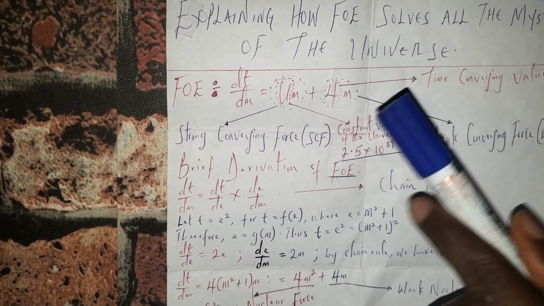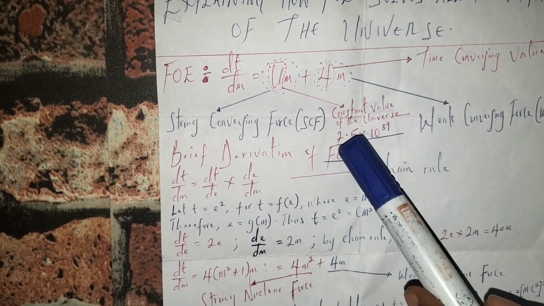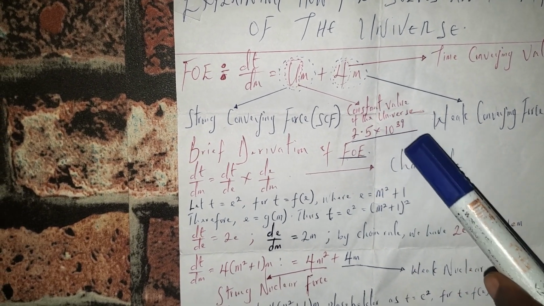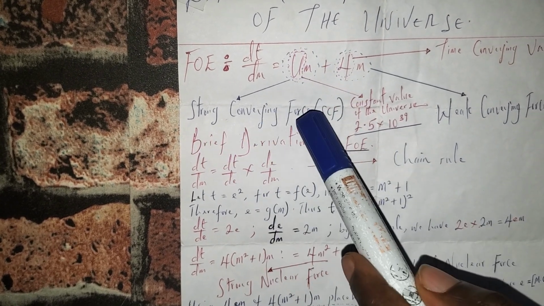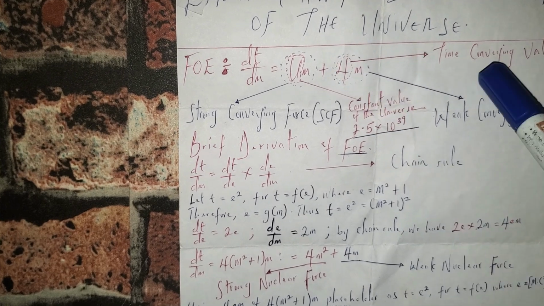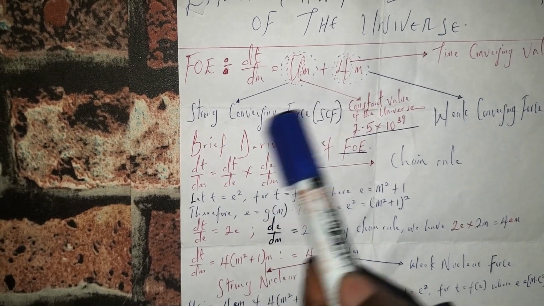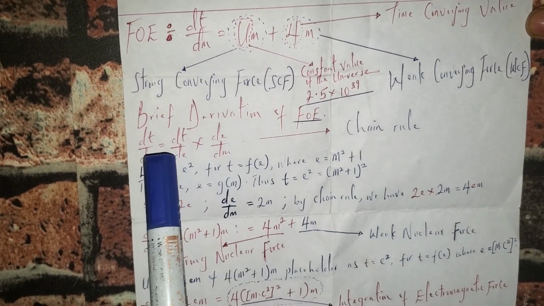Now, when you look at this, capital U is the constant value of the universe, which is 2.5 times 10 raised to power 39. Then we have capital UM to be the strong conveying force, then 4M to be the weak conveying force, and this 4 is the time conveying value. Brief derivation of the formula of everything. By using the chain rule, we have this.